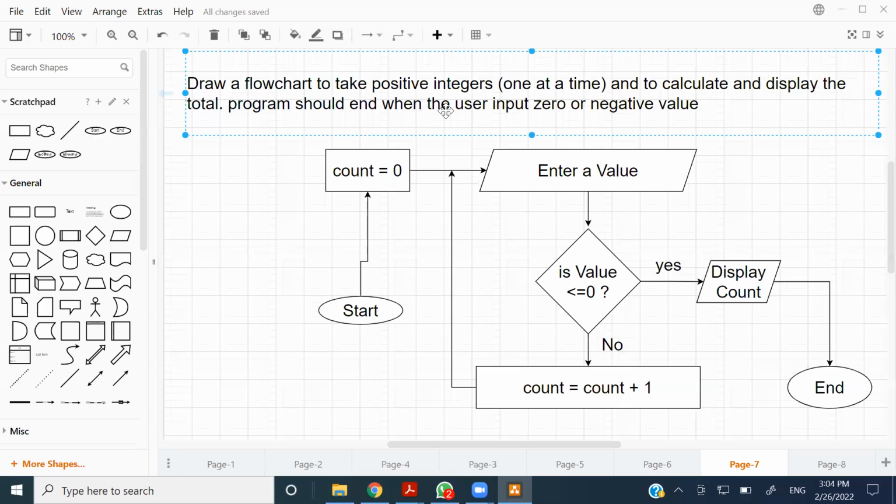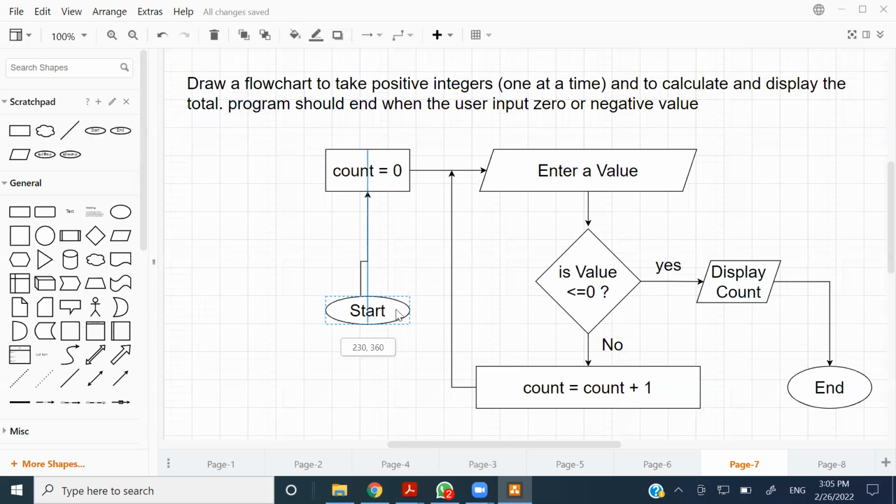Anyone who is still drawing this? Okay, so let's move forward.